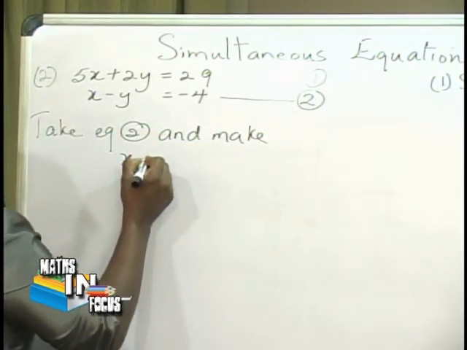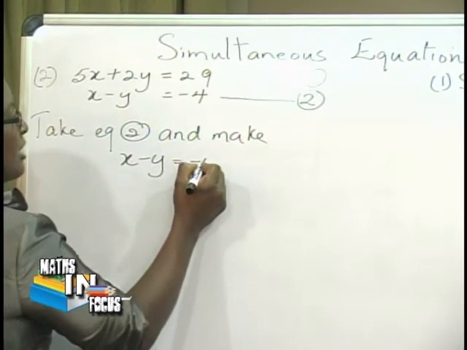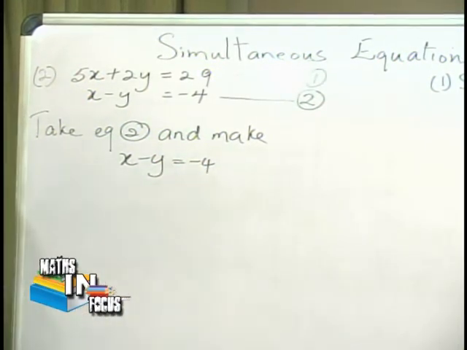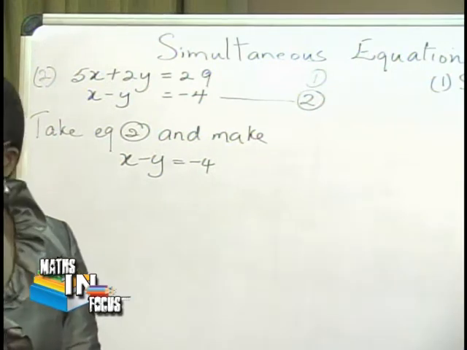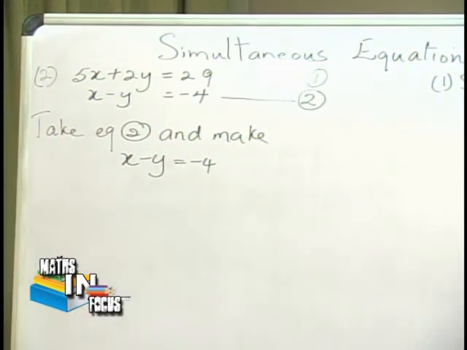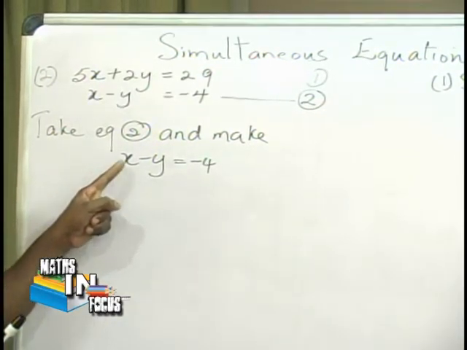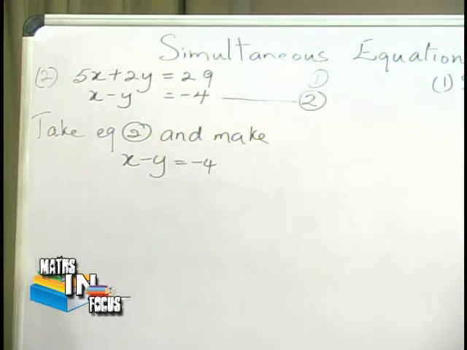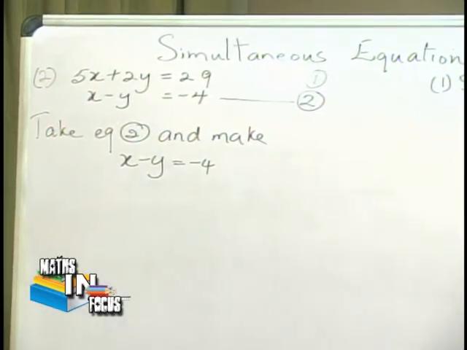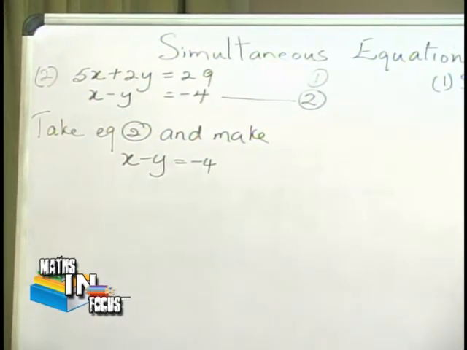Now you have got to decide that if you take equation 2, x take y equals -4, then you look again. Should I use x as a subject or should I use y? X is positive, y is negative. You ask yourself these questions.